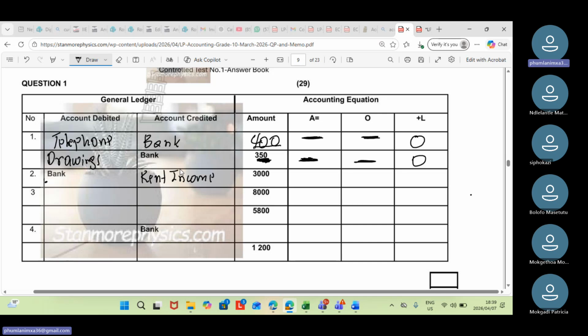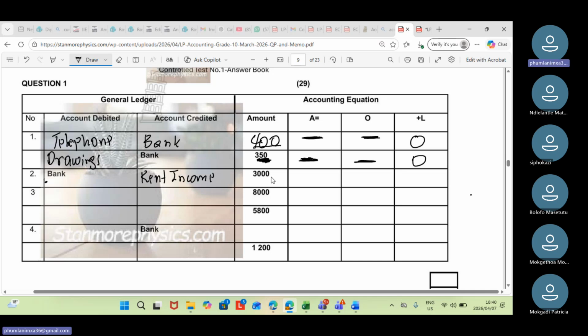Interest on overdue account, if we're charging a debtor, we're going to get interest income, then you credit it. That is the account to be credited.